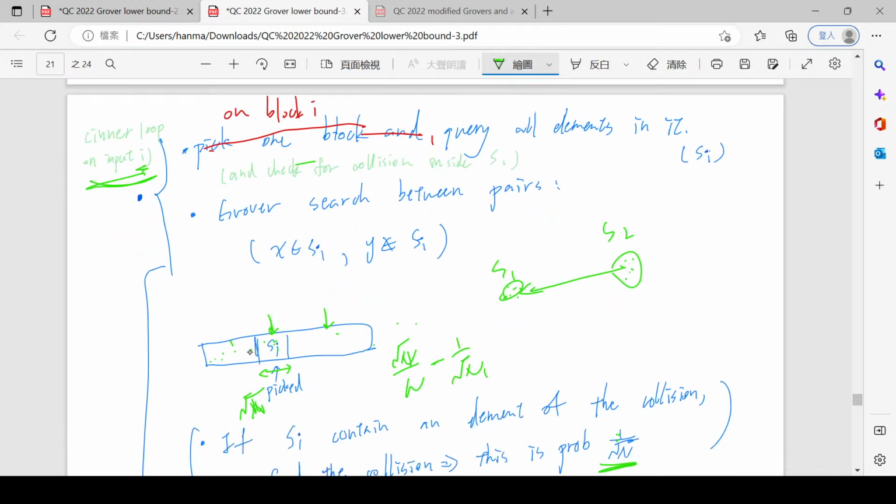So the inner loop has some input I, meaning that we are checking the ith block, and so it will query everything inside this SI, and then do a Grover search over everything else to see whether there is a collision pair such that one of them is in this SI. So I can even not say this, and that makes things easier.